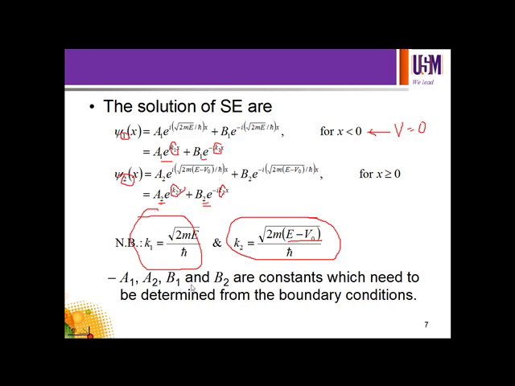A1, A2, B1 and B2 are constants which need to be determined from the boundary conditions. So we need to determine A1, A2, B1 and B2.